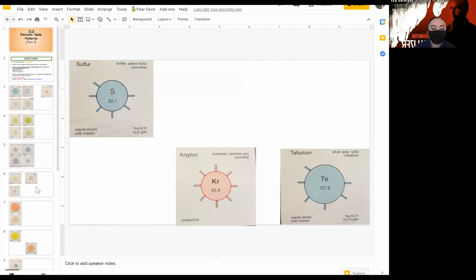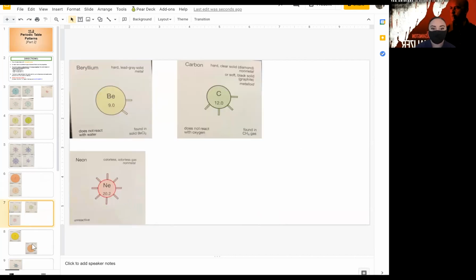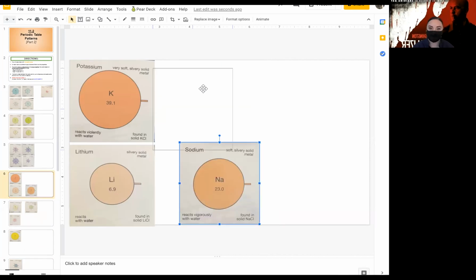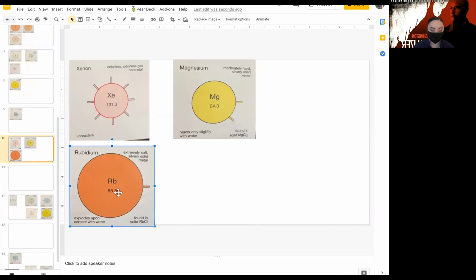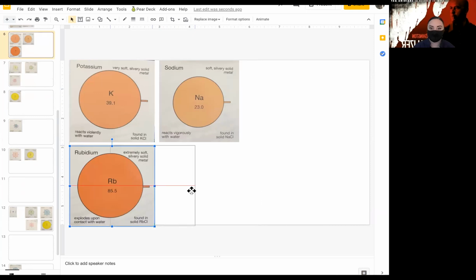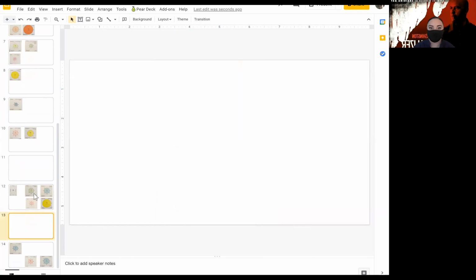All right. So now let's see here. Another one I started with you guys was the orange one. It's orange and it has 1 stick coming out of the side. Okay, so here's another orange one. Rubidium. Okay, that's all I see so far for that one.